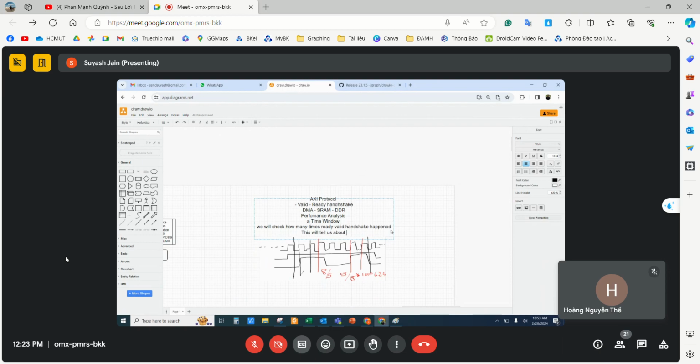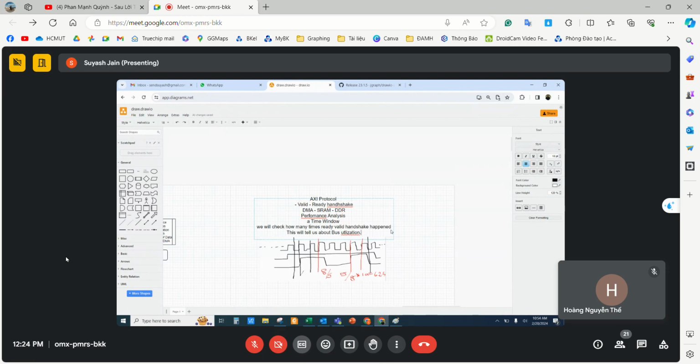This will tell us about bus utilization. Okay. That how much time the bus has been utilized.